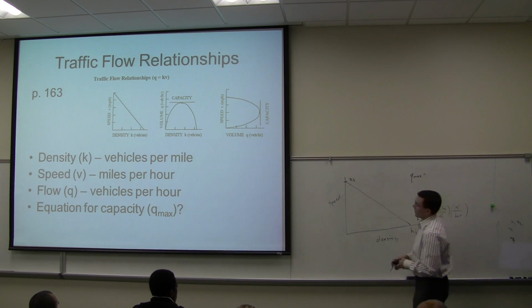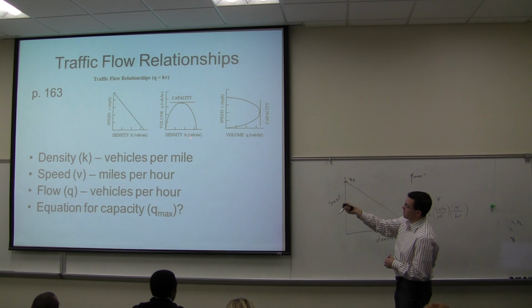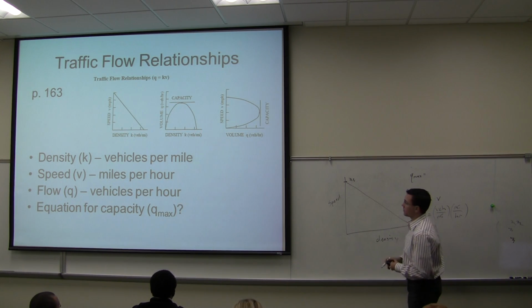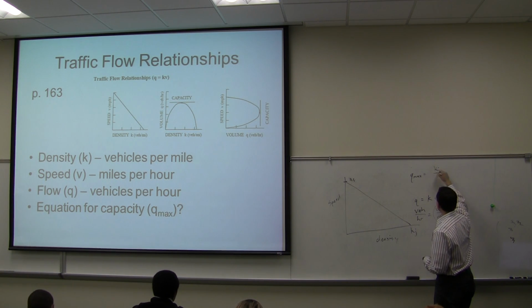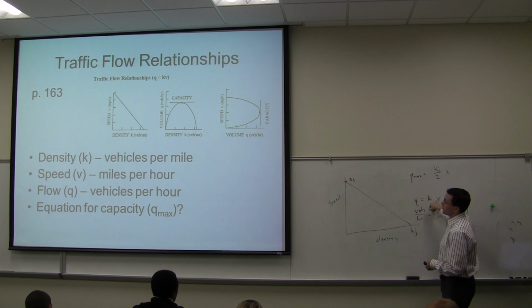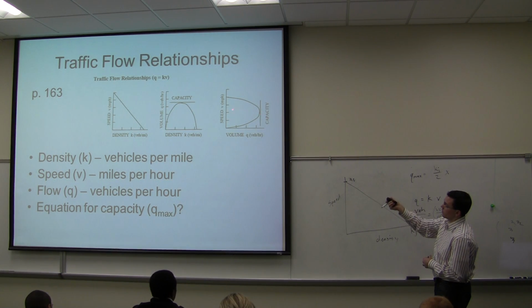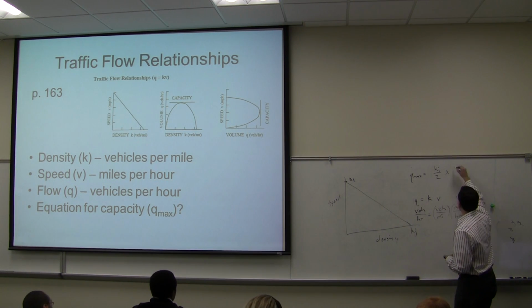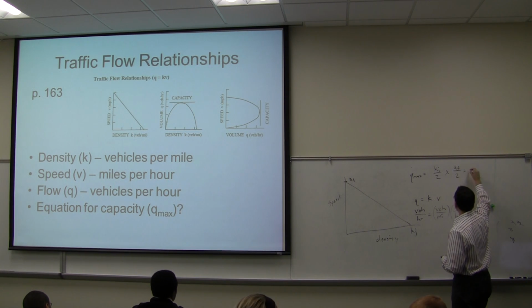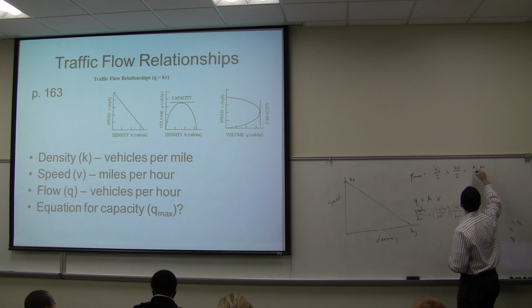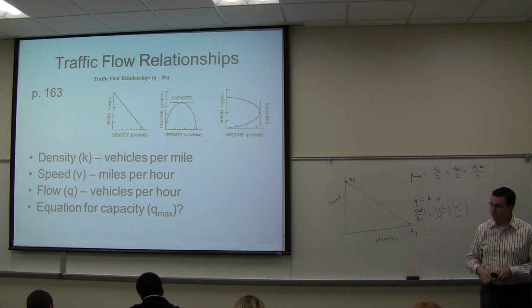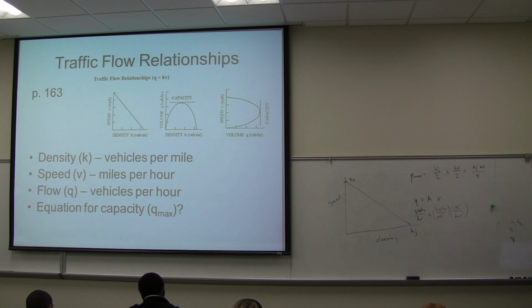So half the maximum density, which is jam density, K sub J over 2, times the speed at which capacity occurs, which is U sub F over 2, free flow speed over 2, gives you K J U sub F over 4. So if they ask you to calculate capacity, you can see capacity occurs at half of the max speed and half of the max density, and you should be able to calculate that.